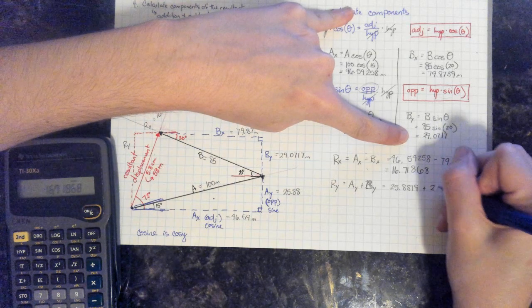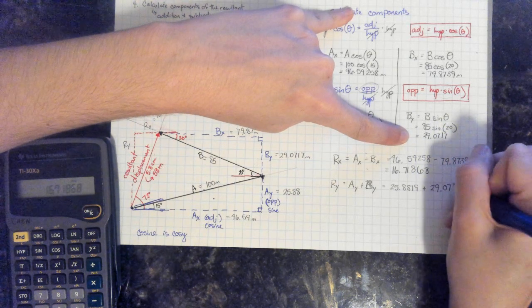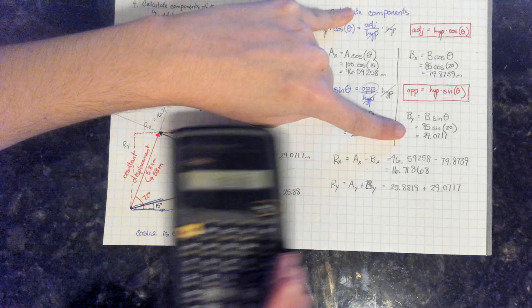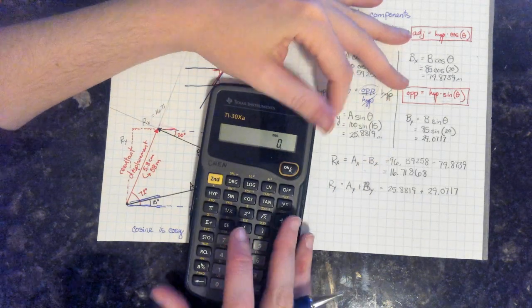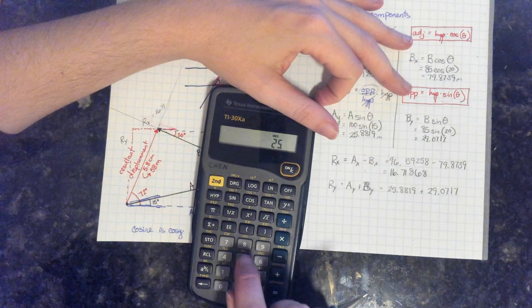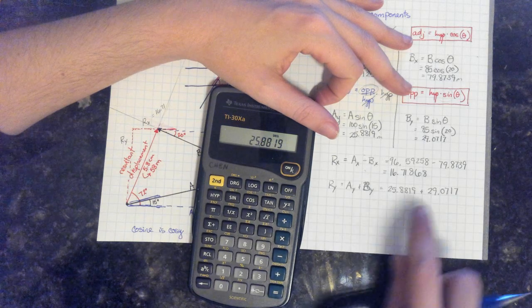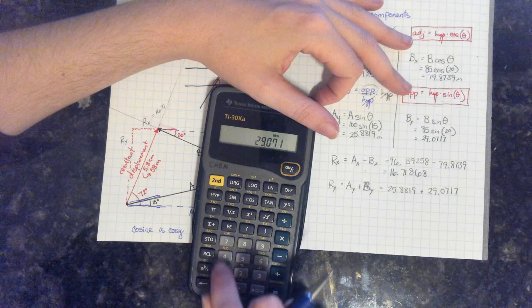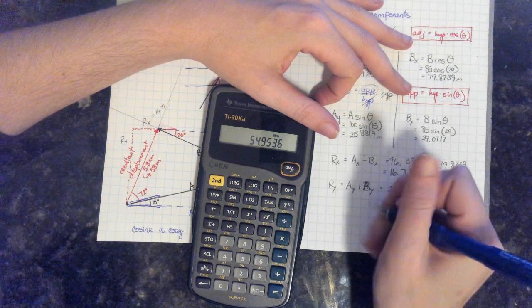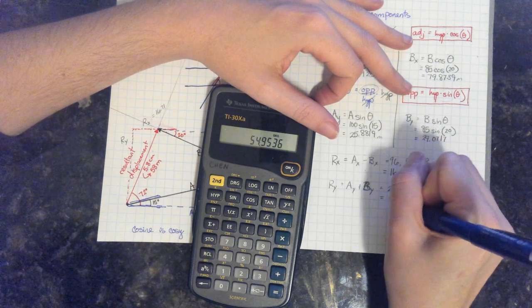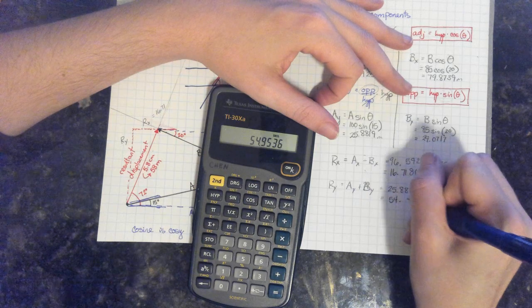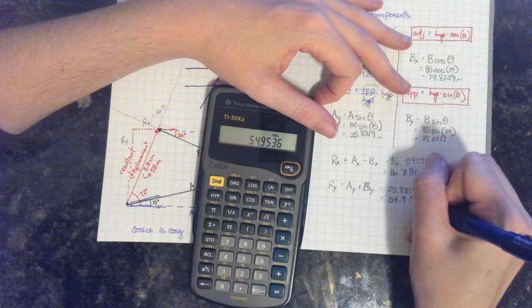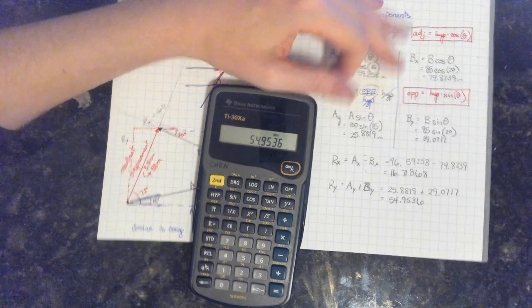By is 29.0717. 25.8819 plus 29.0717. So this is 54.9536. Okay.